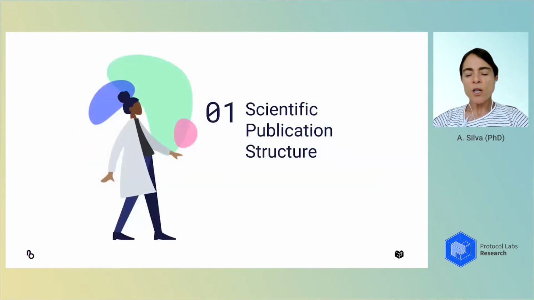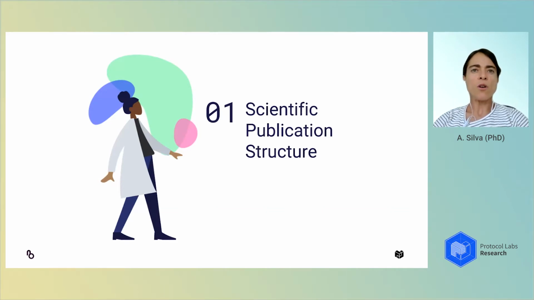So today we're going to be talking about papers mainly, because papers, scientific publications, are one of the main metrics to evaluate a research career and its progress and its merit.